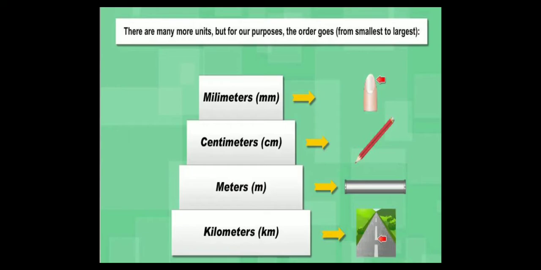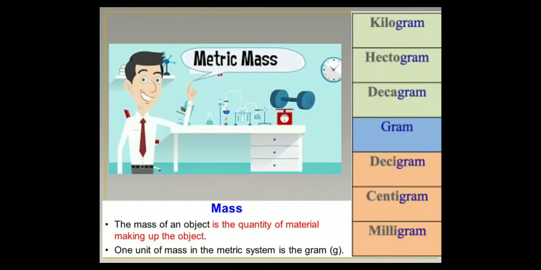We say it is 2 meters, 3 meters, which is somewhat higher compared to centimeter. Then kilometer is the highest value in length. For example, the distance between Chennai and Kerala, or Chennai and Delhi, we use the unit kilometer. Clear?